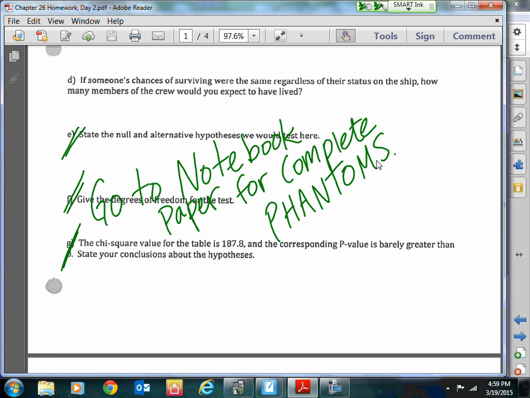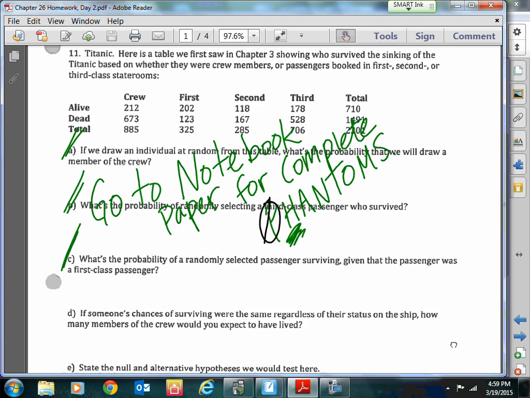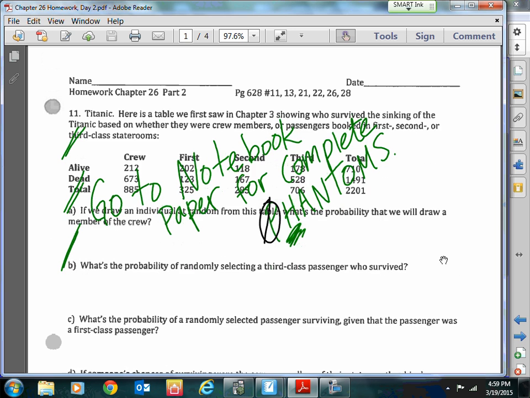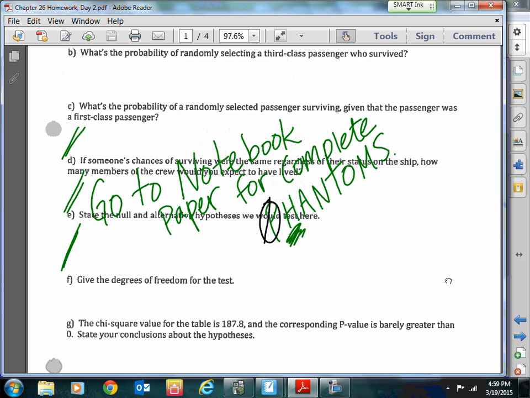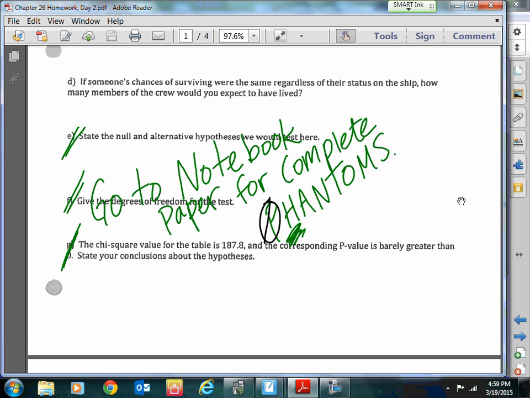Okay, so just fill out a complete phantoms. Incidentally, you don't have a parameter because there's not like a chi-squared, so you technically don't do that part. You start your test with your hypothesis statements. Okay? All right, so again, your homework, page 17 in your packet, the first problem only. But when you get to parts E, F, and G, on your own notebook paper, complete one full phantoms without the parameter. Okay, thank you.